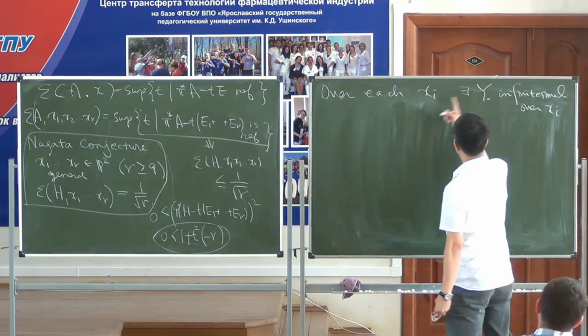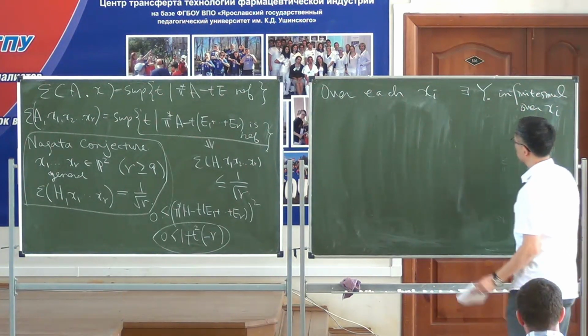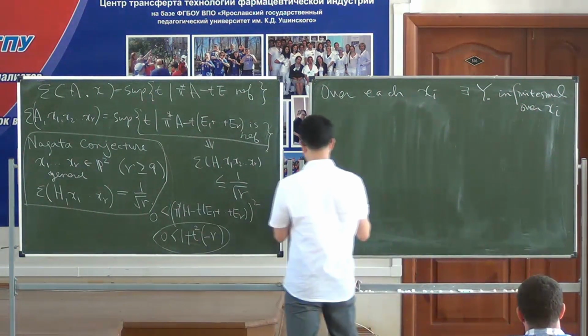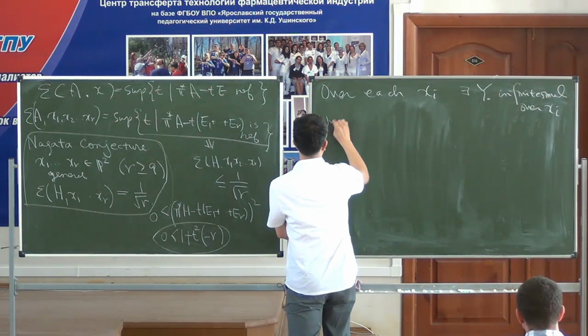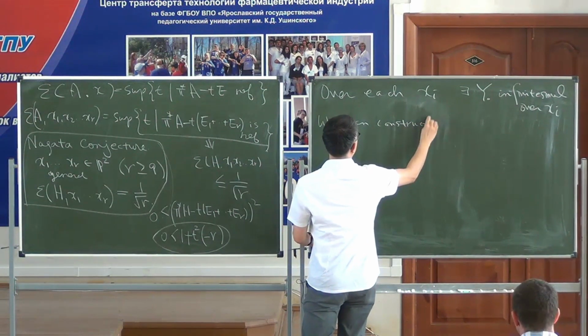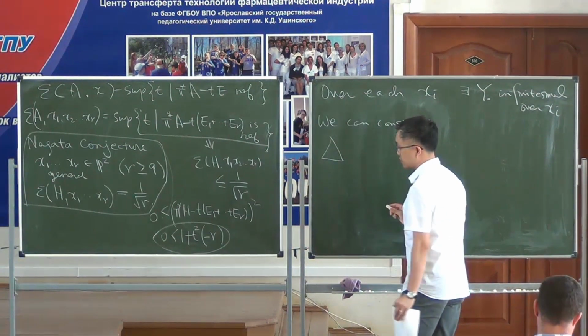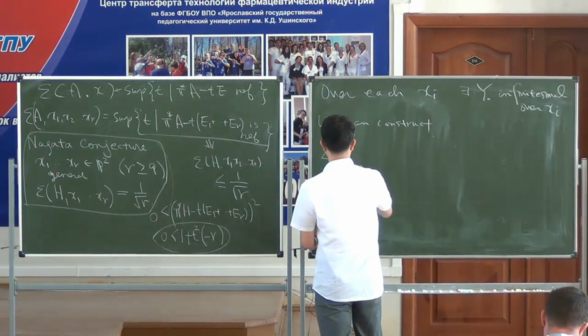So over each point, there are infinitesimal flags. Okay. So using this, the multi-point Okounkov body.